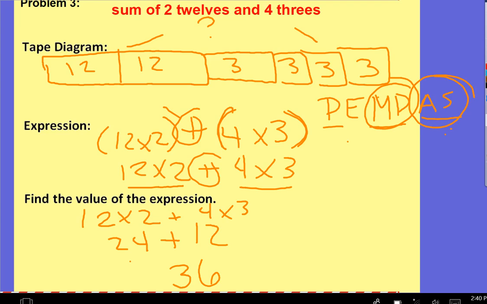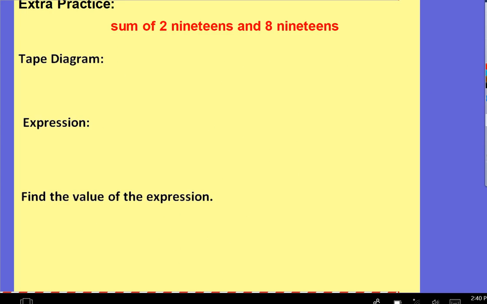Okay, now let's look at another one. This one says the sum of 2 19s and 8 19s. So I have 2 19s and 8 19s, and then I'm finding the sum of those. So first I'm going to draw a tape diagram.